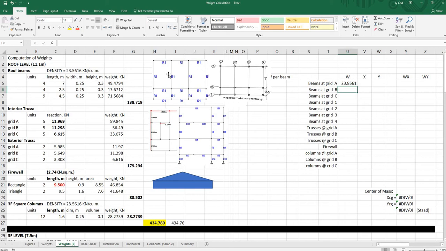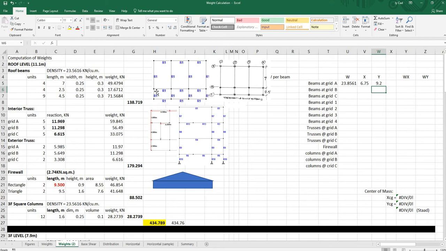So ang centroid niyan from the origin, let's say ang origin nandito, would be 6.75, or that is 13.5 divided by 2. Tapos yung y naman would be 7 plus 2.5, or that is 9.5.